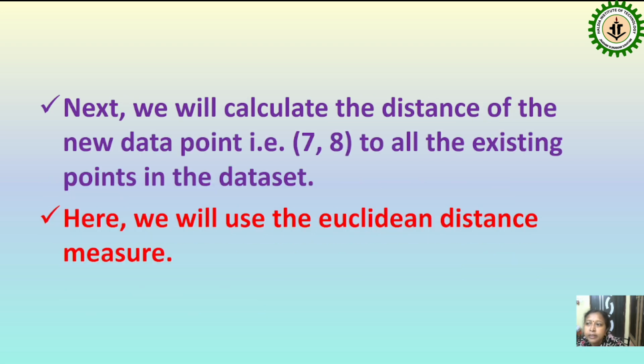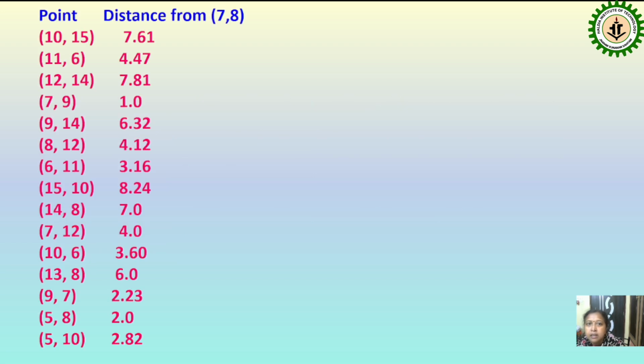Next, we will calculate the distance of the new data point, here 7, 8, to all the existing points in the data set. Here we will use the Euclidean distance measure, and after calculating the distance from the query point to the data points, these are the distances given here.